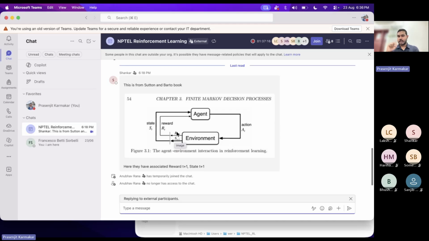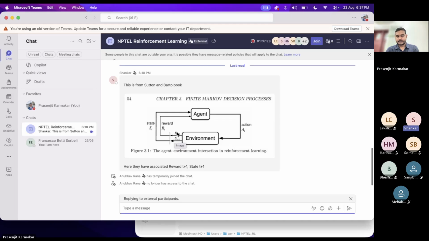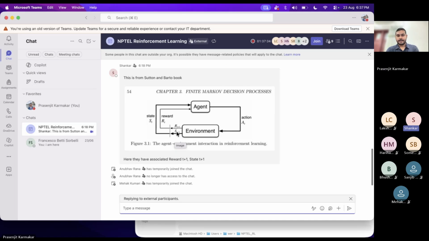For the last terminal state, R(t+1) is basically zero; you don't get any reward. As per this diagram, the agent gives an action decision that goes into the environment. The environment gives state and reward as outcome, right? So when we know the terminal state, only then will we get the reward also, the terminal reward.